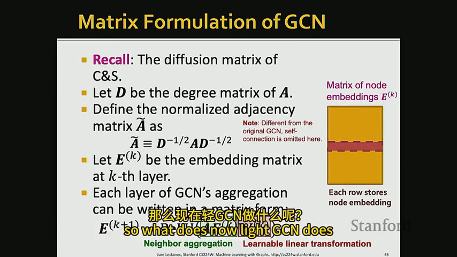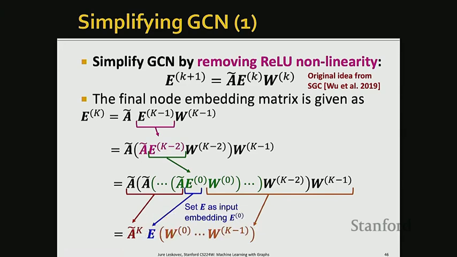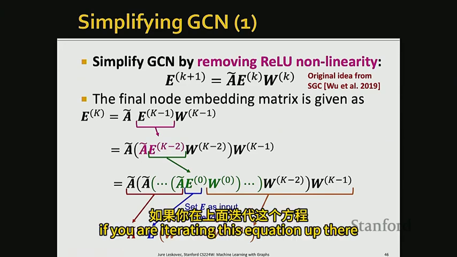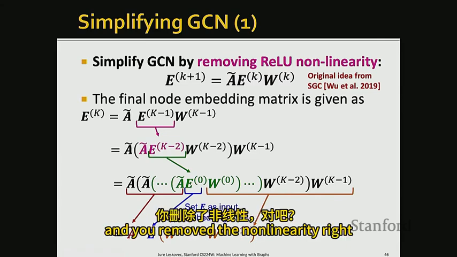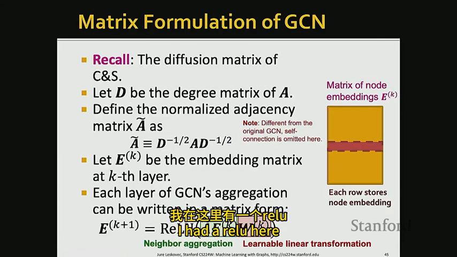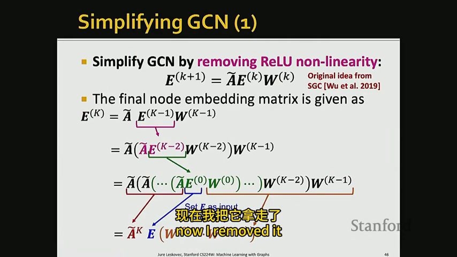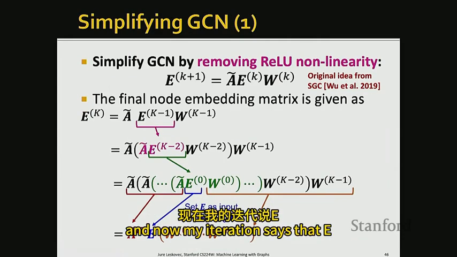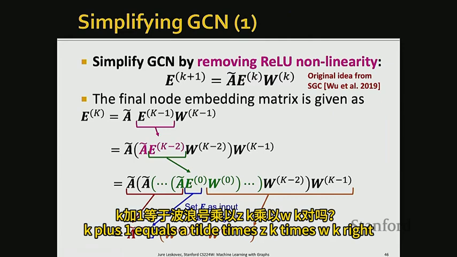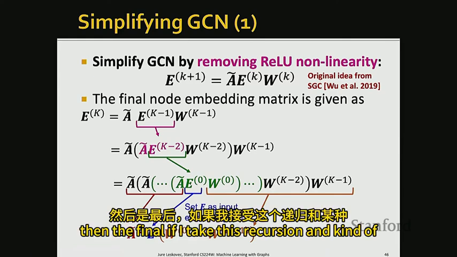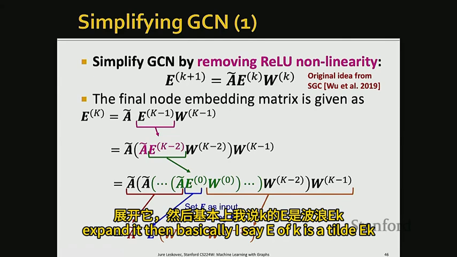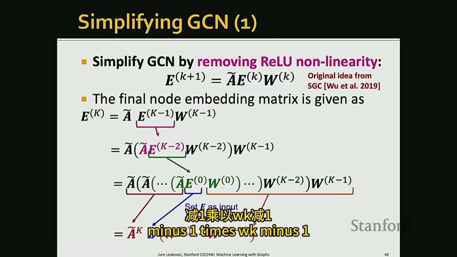So what does light GCN do now? Light GCN says, if you are iterating this equation up there and you remove the nonlinearity, right? I had a ReLU here, now I removed it. And now my iteration says that E_{k+1} equals A tilde times E_k times W_k, right? Then if I take this recursion and expand it, then E_k is A tilde E_{k-1} times W_{k-1}.